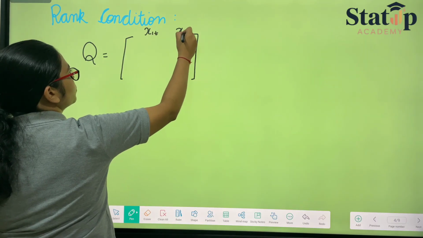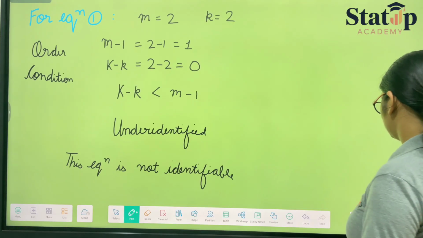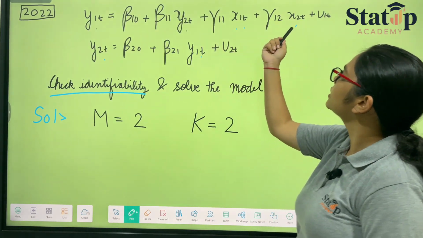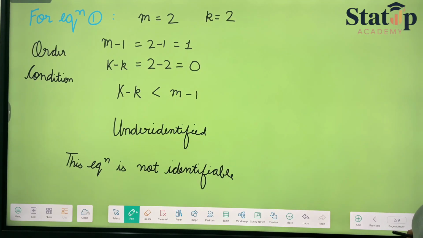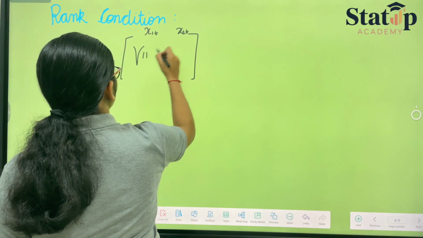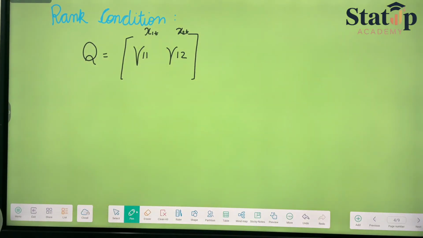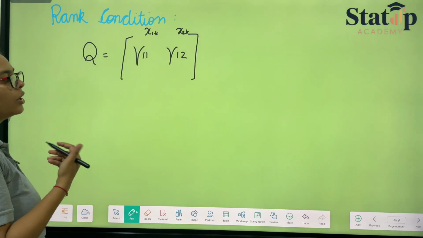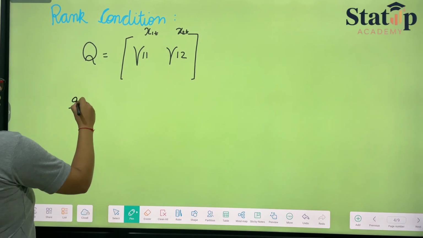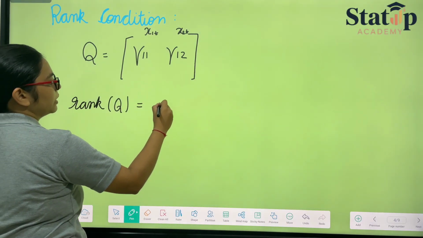The coefficients of x1t and x2t in equation 1: the coefficient of x1t is gamma 11 and of x2t is gamma 12. Since there is only one non-zero row present in the Q matrix, we can say the rank of Q is equal to 1.